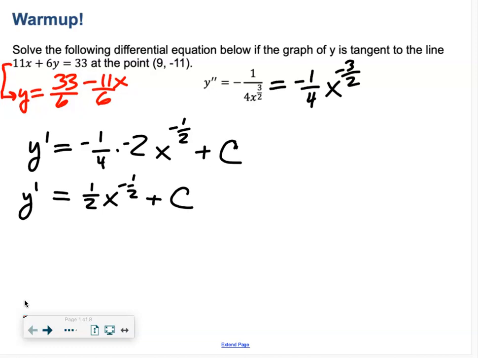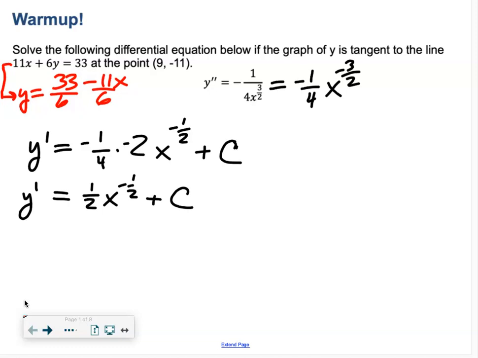So I have the tangent line at a point. What does y prime give you? The slope of the tangent. By definition, that's what derivative means. Derivative by definition is the slope of the tangent line. So what is the slope of the tangent line? -11/6.